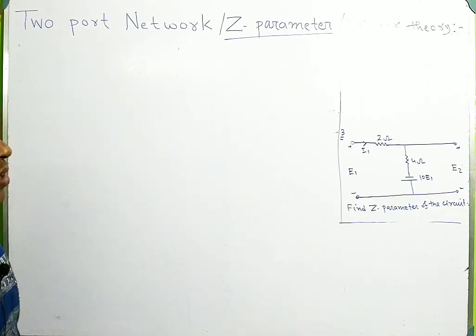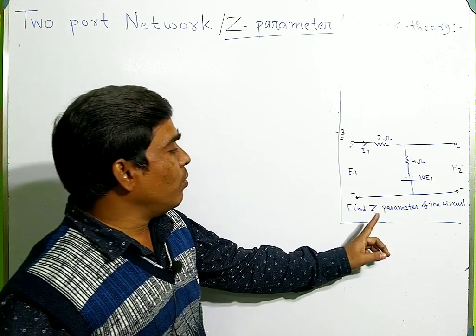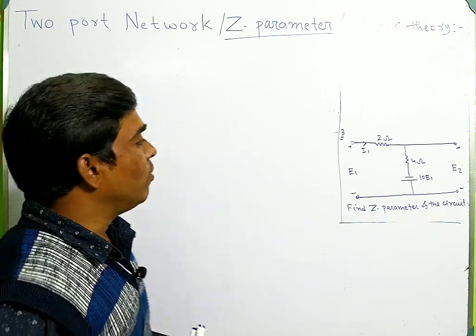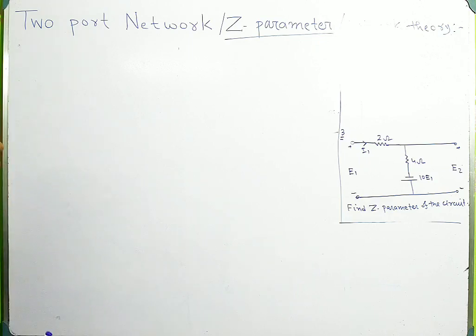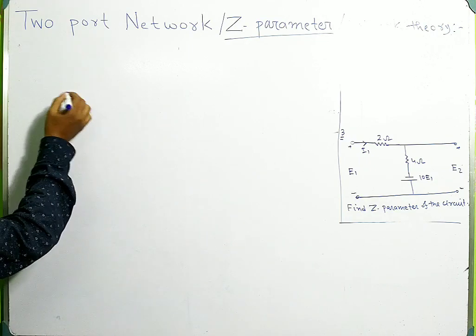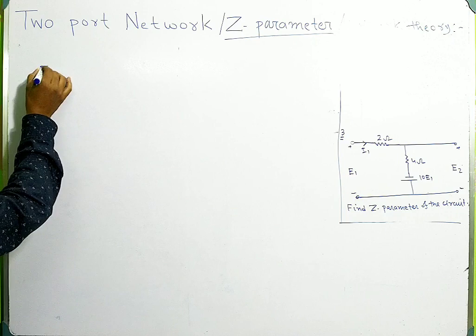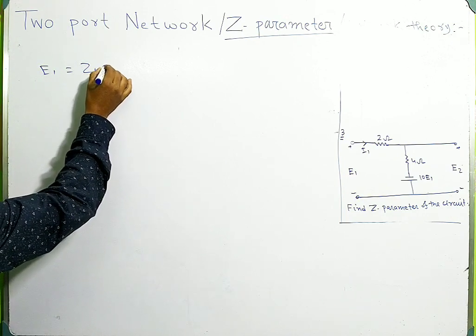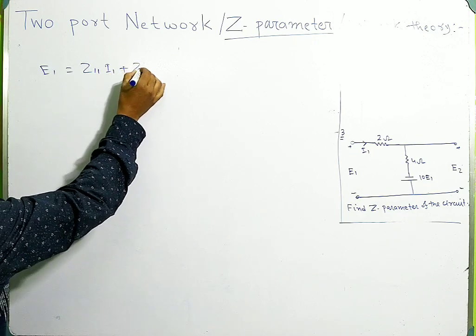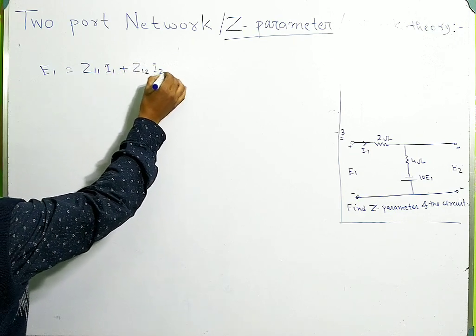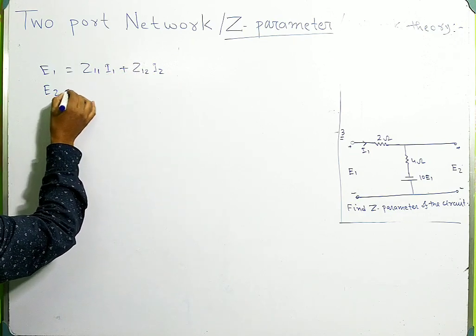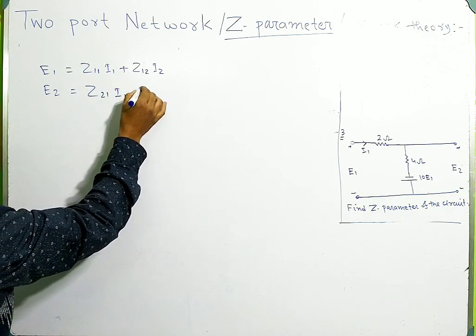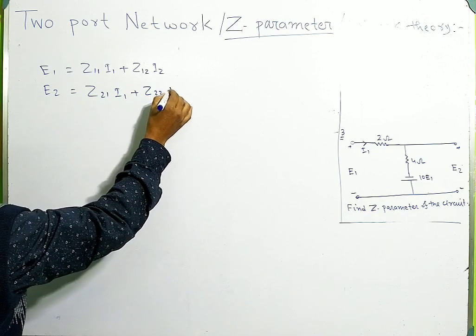In this problem you have to find all the Z parameters. Similarly you can write that E1 is given by Z11 I1 plus Z12 I2 and E2 is given by Z21 I1 plus Z22 I2.